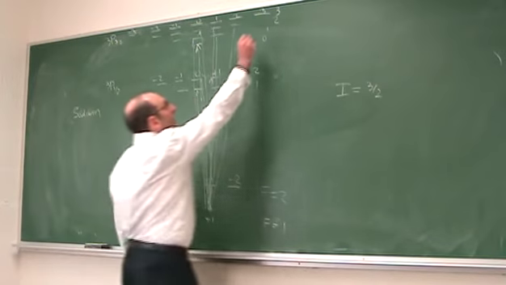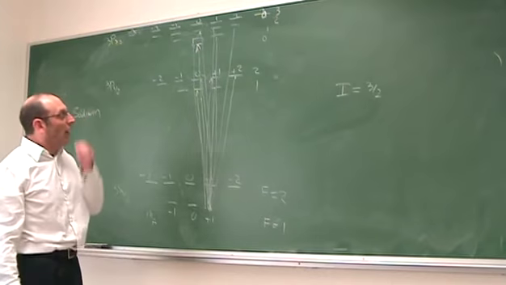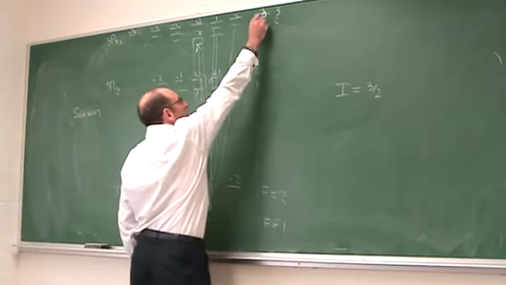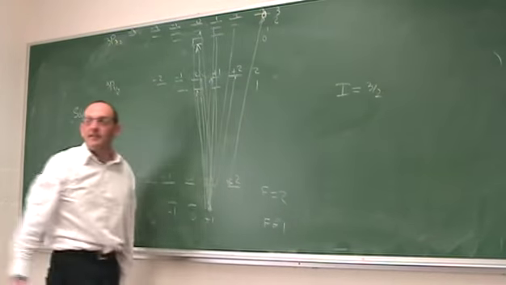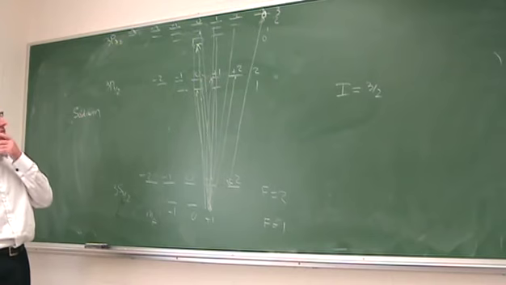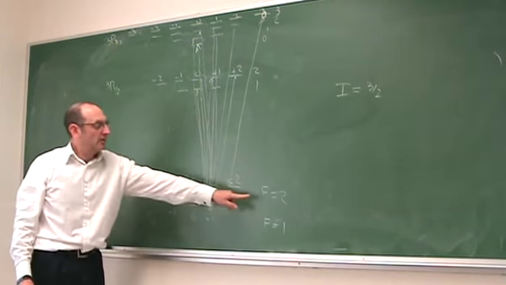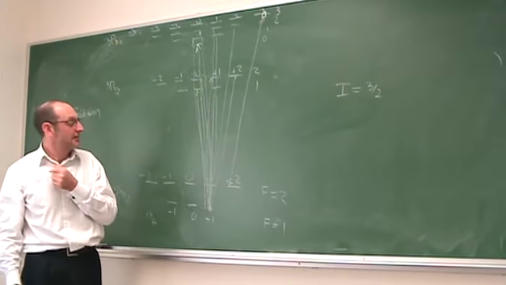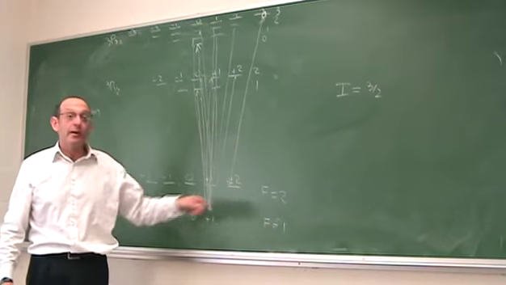Notice, if I start here, there's only one possible transition, here, because 3 can't go to, it can go to 2, but delta M can only change by 1.